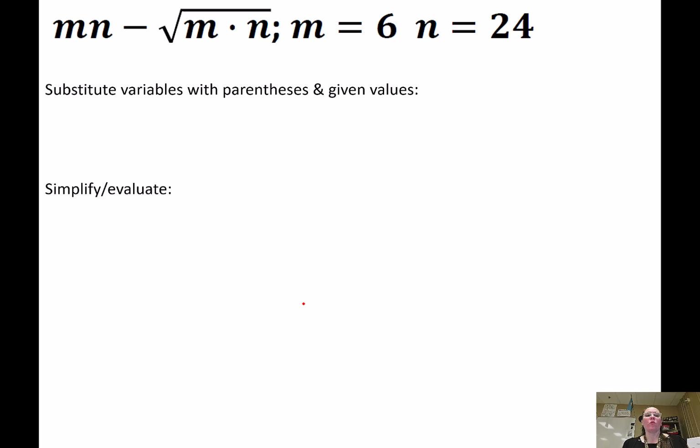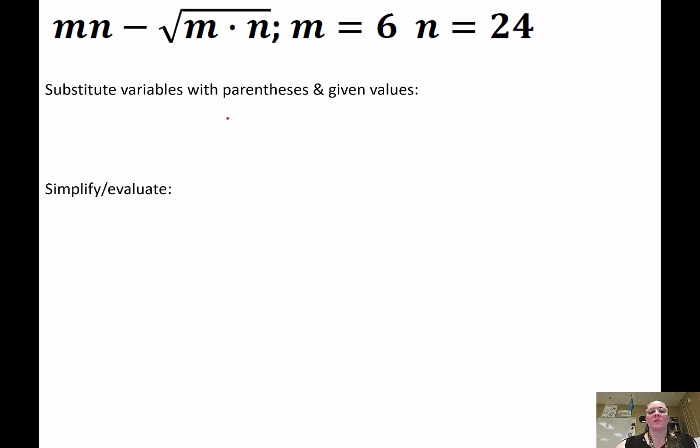All right, we're going to look at one last example here. m times n minus the square root of mn when m is equal to 6 and n is equal to 24. Okay, so again, substituting in those variables.